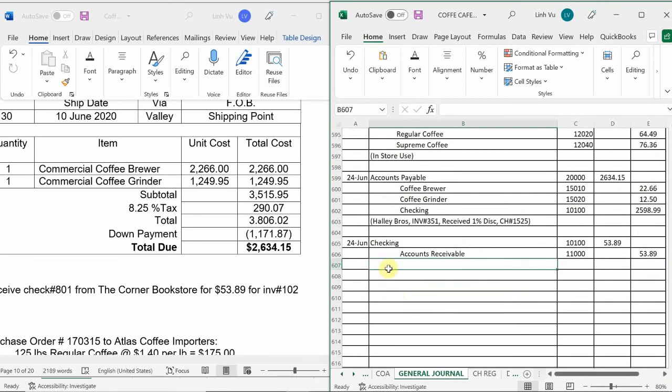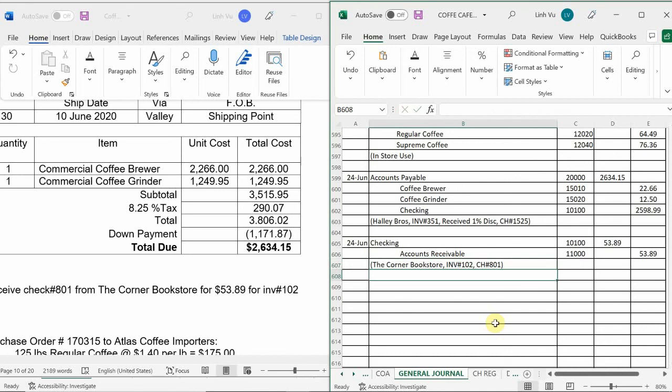So I have all the information I need, right? Who did we receive a payment from? The corner bookstore. What did they do? They paid for invoice number 102, right? Using their check number 801. Okay? And of course, this one, we didn't issue any extra discounts or anything.